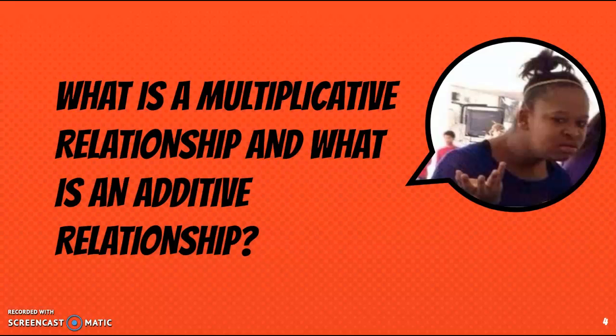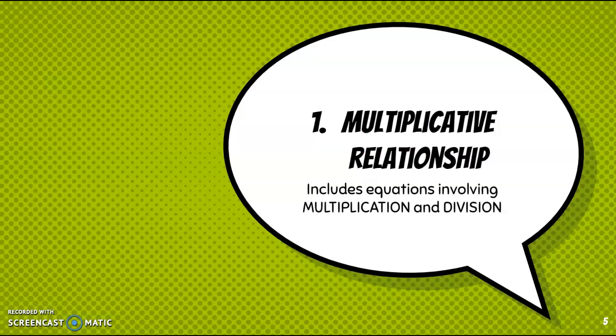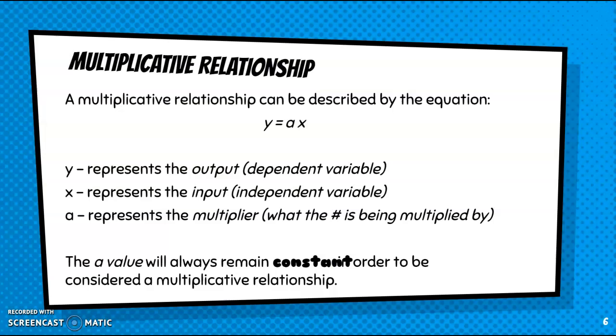What is a multiplicative relationship and what is an additive relationship? Remember, a multiplicative relationship includes equations involving multiplication and division. A multiplicative relationship can be described by the equation y equals ax.